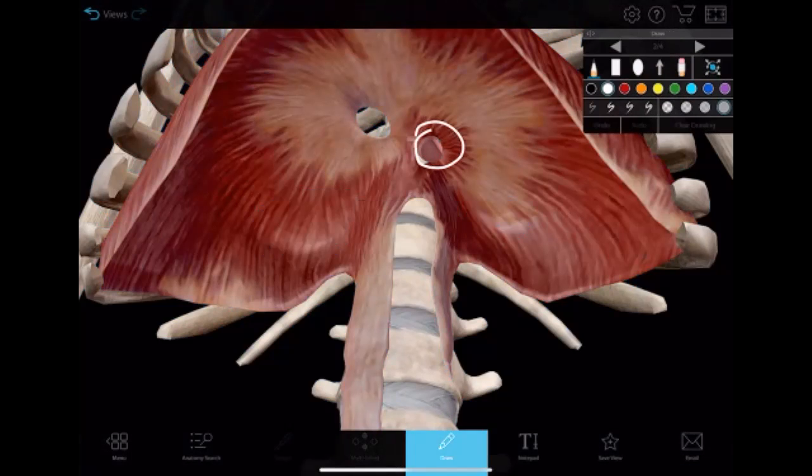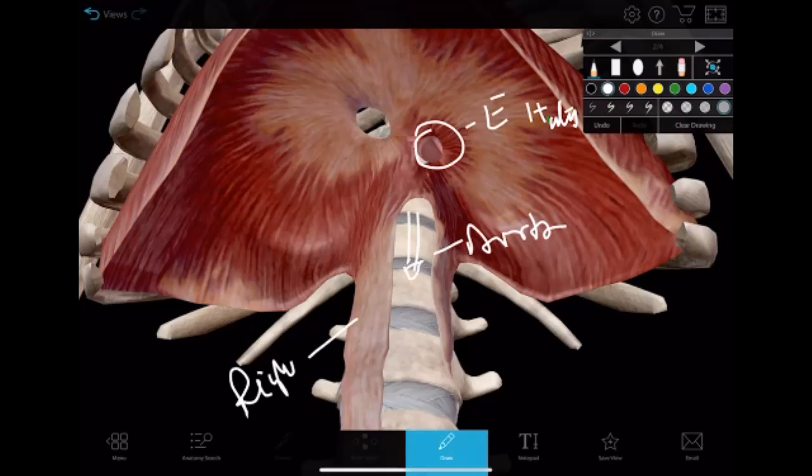Through this comes the aorta. So this one being the right crus of the diaphragm and left crus of the diaphragm. Remember that.